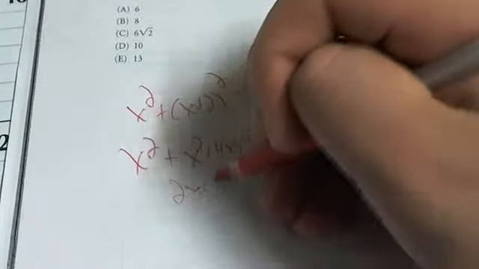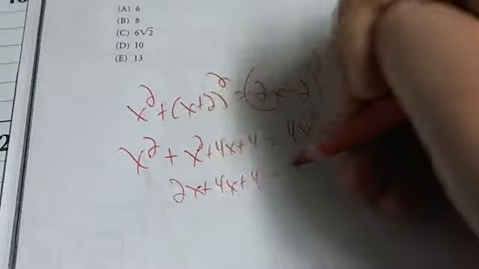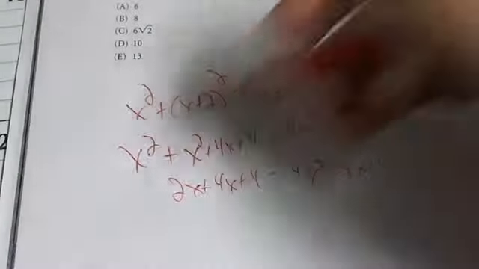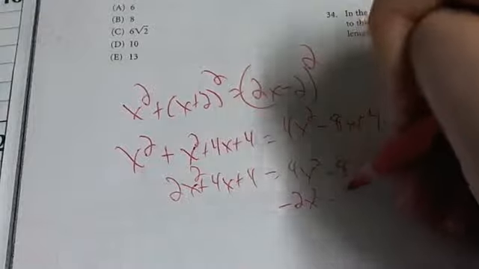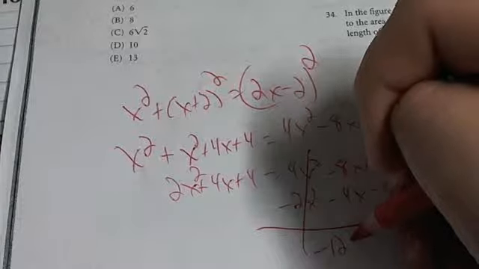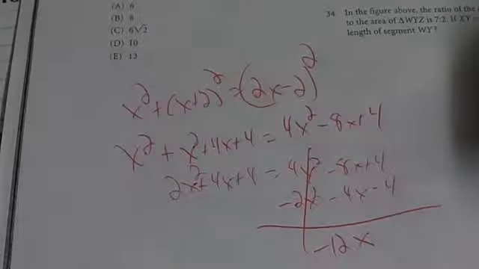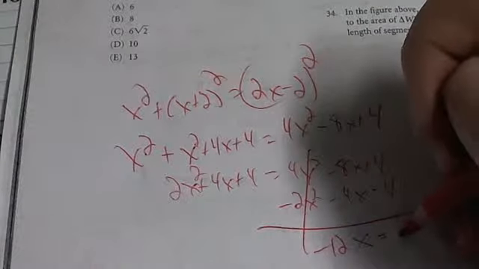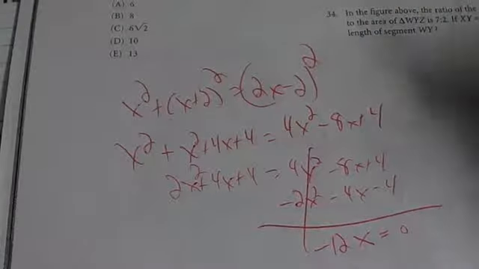Let's take this to the other side: minus 2x squared minus 4x minus 4. So we're left with minus 12x equal to 0. No, hold on, I messed up somewhere.